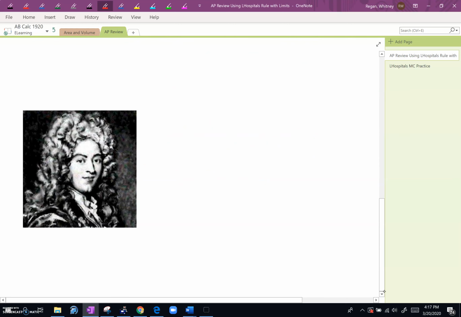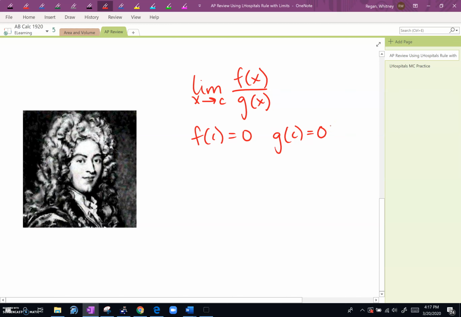He figured out that essentially if you have this limit as x approaches some value c of f of x over g of x, and f of c equals 0, g of c equals 0, but g prime of c does not equal 0, then what you can actually do is rewrite this as the same limit, x going to the number, f prime of x over g prime of x.